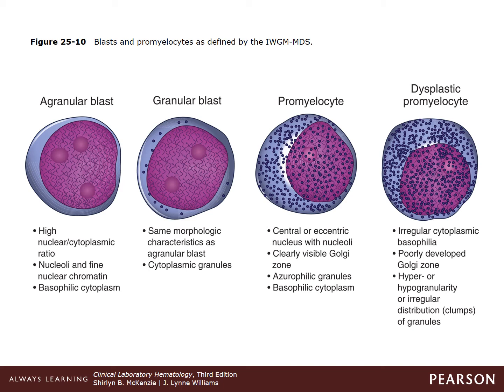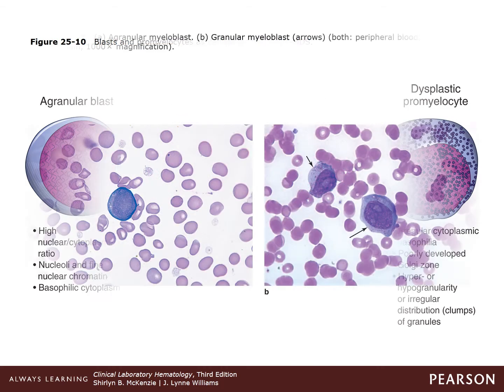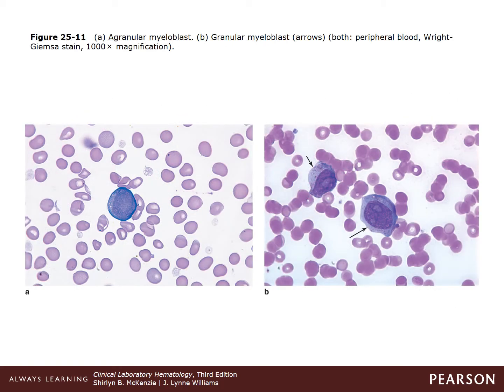They can even clump together. So here is an example of an agranular blast on the left with a granular blast on the right, and you're seeing those large nucleoli, but there are granules in the cytoplasm of this myelodysplastic blast.